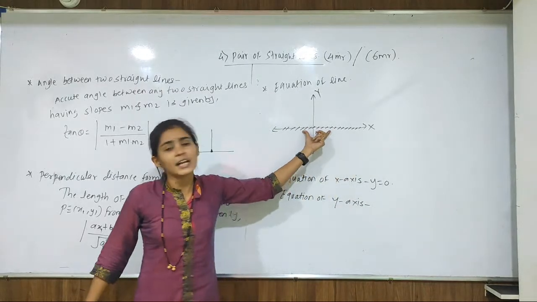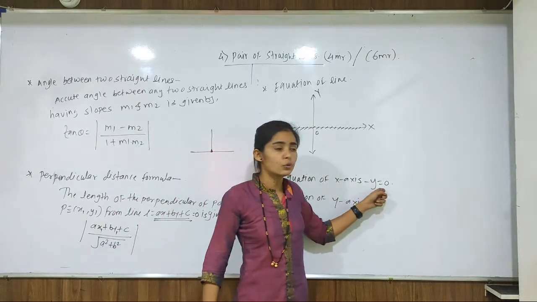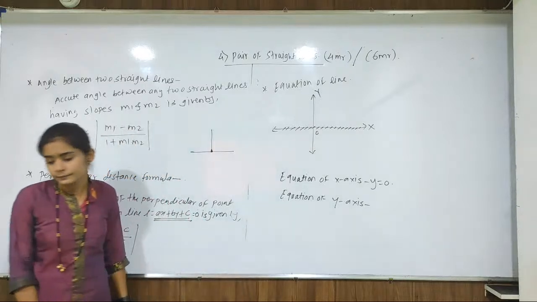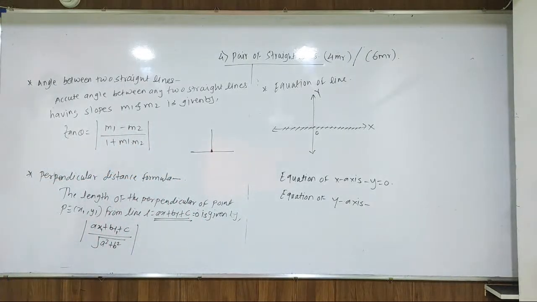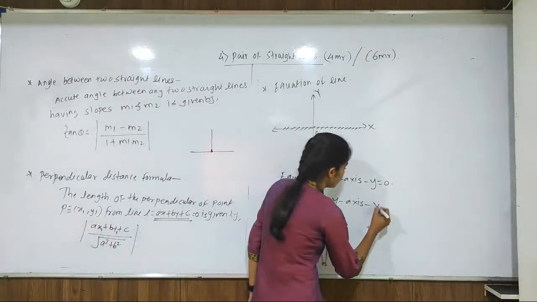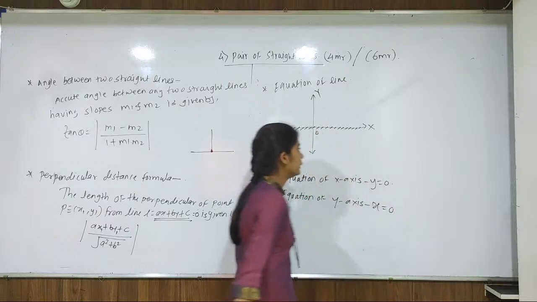That's why the equation of x-axis is y equals to 0. What about the equation of y-axis? Yes. What is the equation of y-axis? Equation of y-axis is x equals to 0.